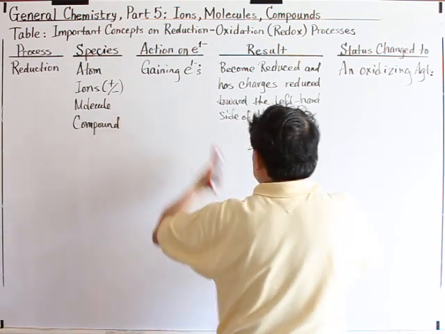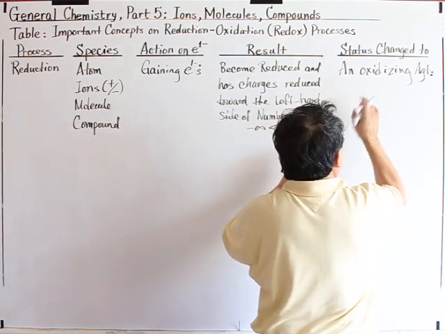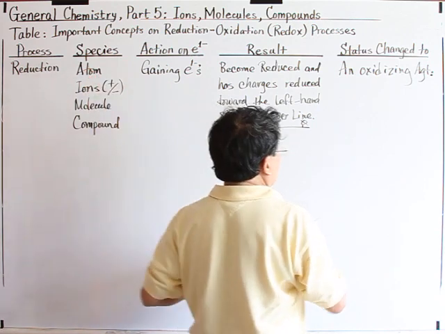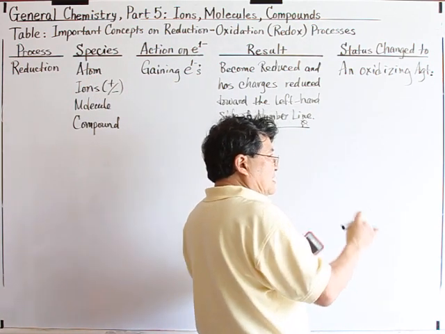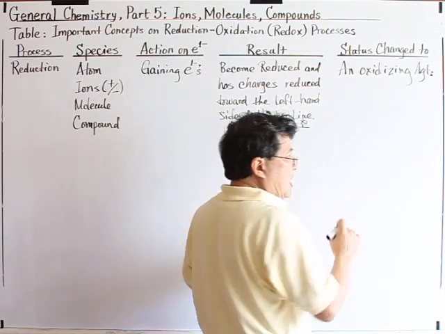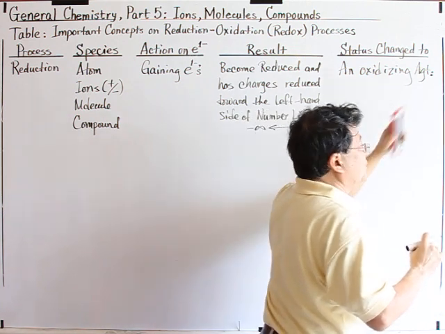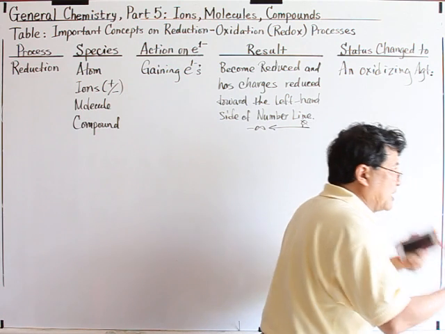So if it's losing an electron, it will become oxidized. Then who did that? This species did, taking the electron away from that species. Then that species is getting oxidized, so this species becomes the oxidizing agent. It does the job of oxidizing somebody else.